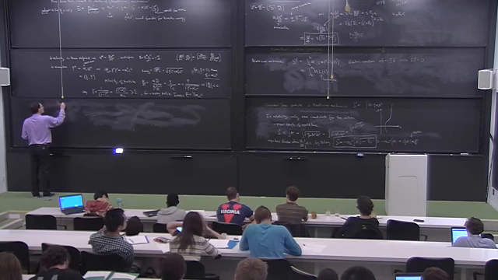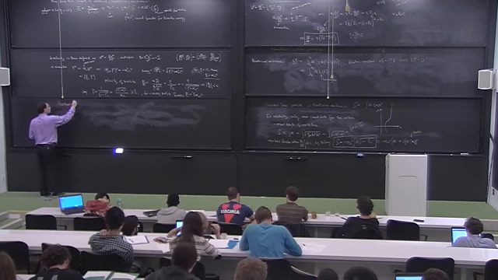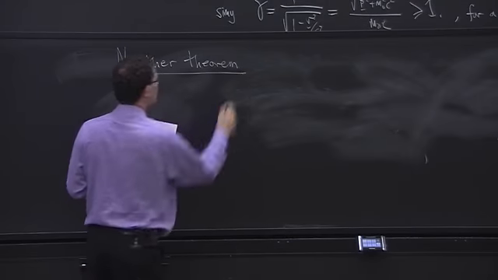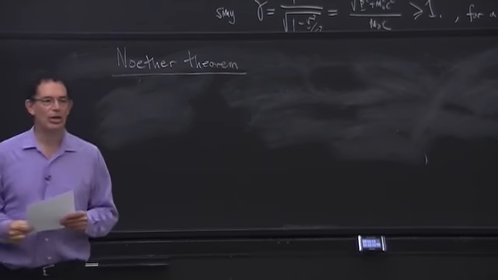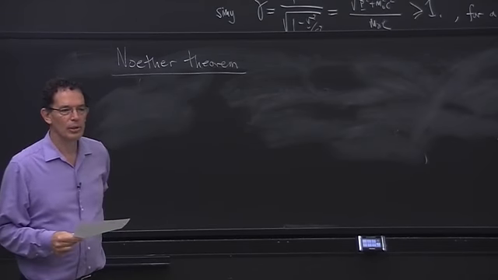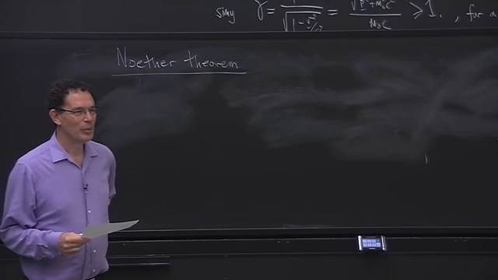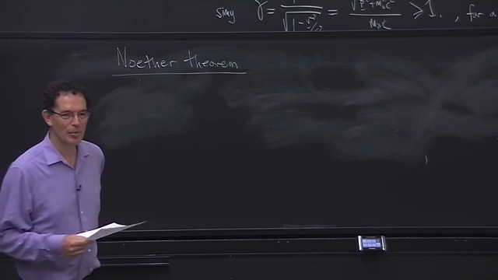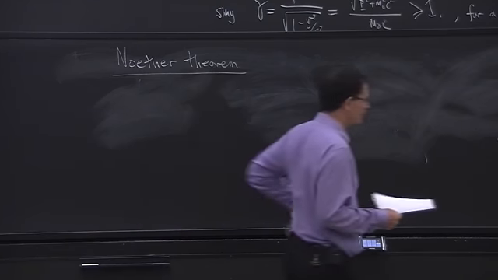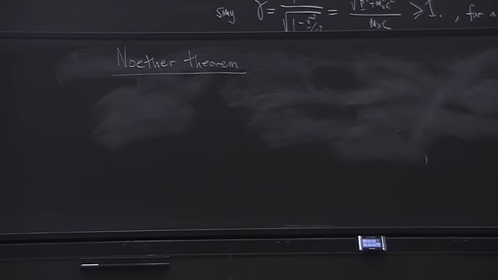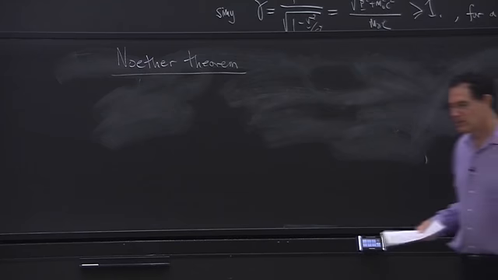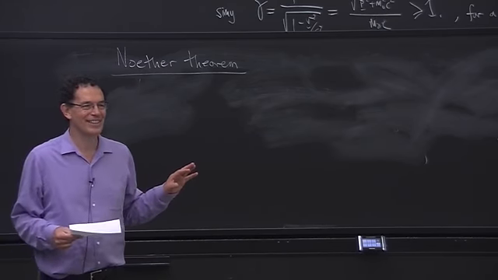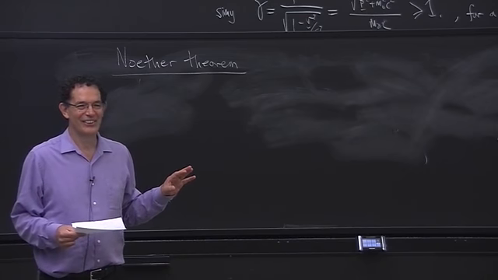Now let's discuss the Noether theorem. So Emmy Noether was an absolutely remarkable person who was a young Jewish woman in Germany at the beginning of the 20th century. She was a brilliant mathematician and totally discriminated against, for all reasons.